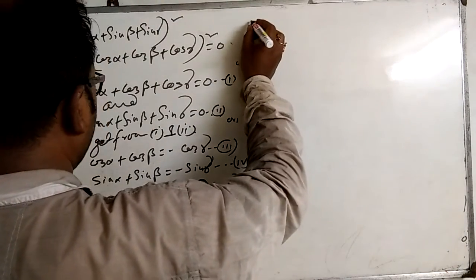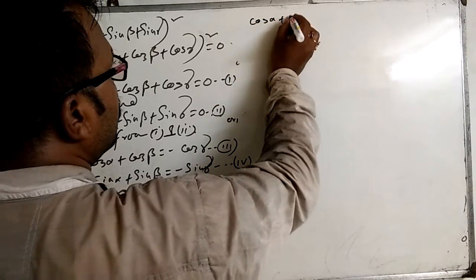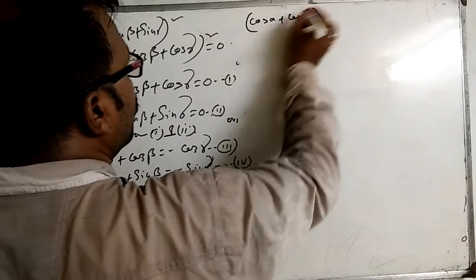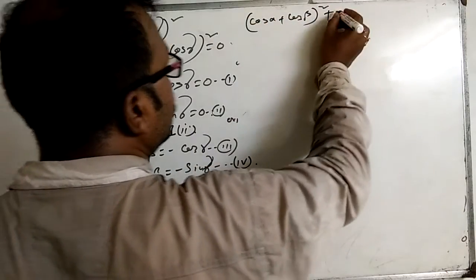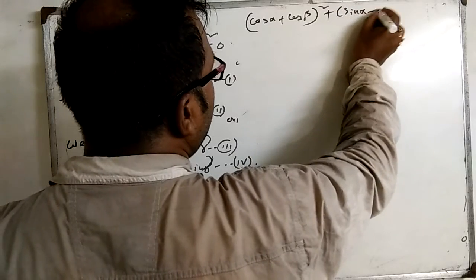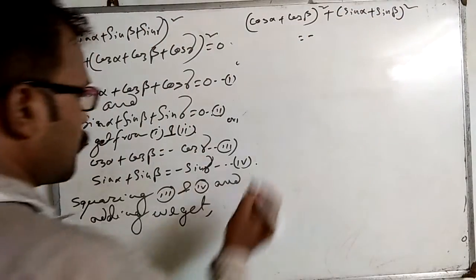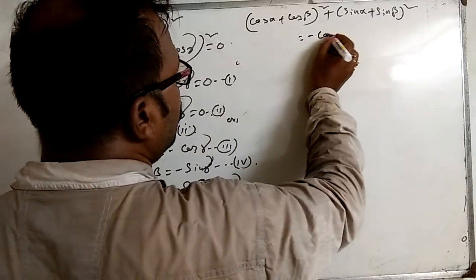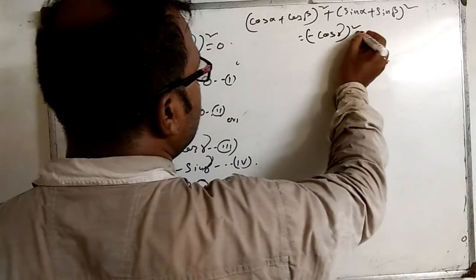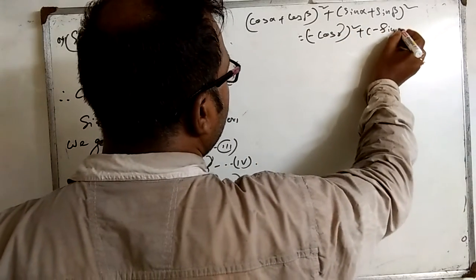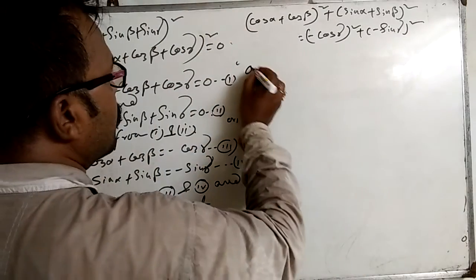We get (cos alpha + cos beta) whole square plus (sin alpha + sin beta) whole square equals to minus of (cos gamma) whole square plus minus of (sin gamma) whole square.